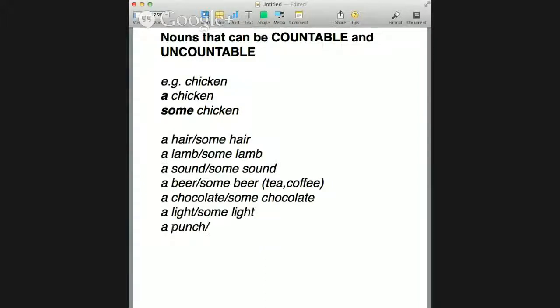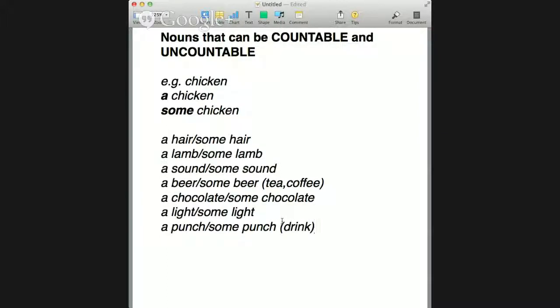Oh, Valerio's come up with another great one, which I'm going to have to share with you. This, and I would love him to explain the difference. Can you explain that, Valerio? A punch is when you get to give a punch. Some punch become painful. Okay, nice. Actually, no, that's not quite correct. A punch is when you get hit, right? A punch is like, oof, a hit. If you say some punch, what you would be talking about is actually a type of drink that you have at a party.